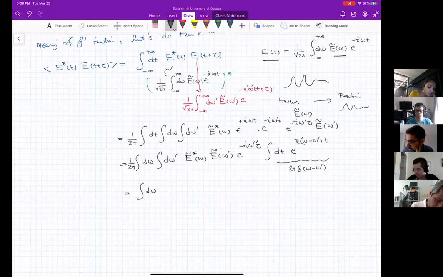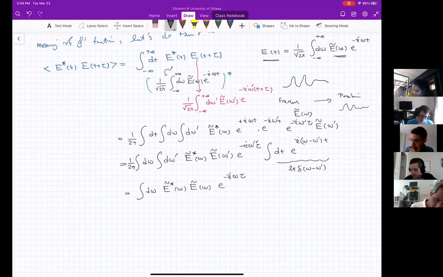Delta of omega minus omega prime is 0 everywhere except when omega is equal to omega prime; only that case will remain. So all omega prime will be replaced by omega. Then I will get the integral of d omega, E star of omega, E of omega, e power of minus i omega tau.